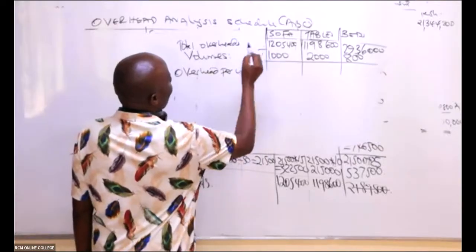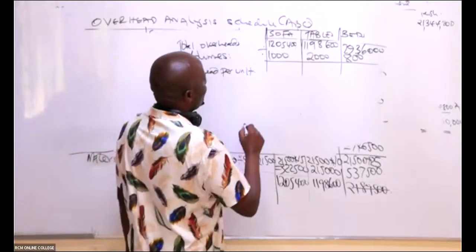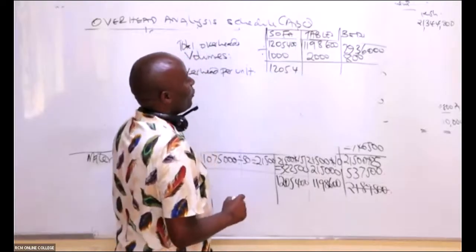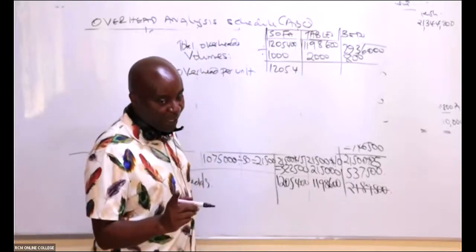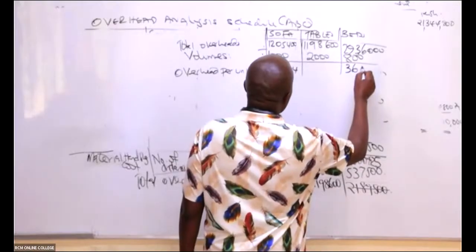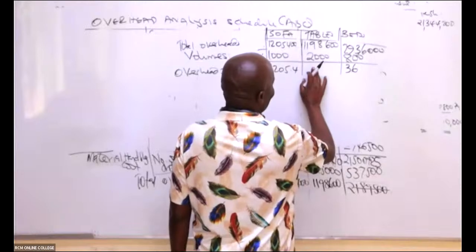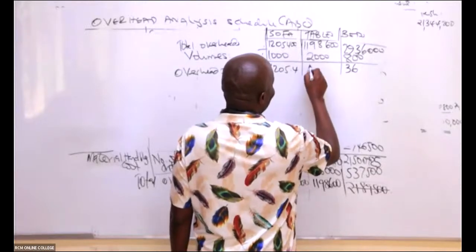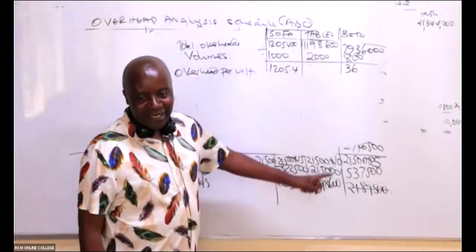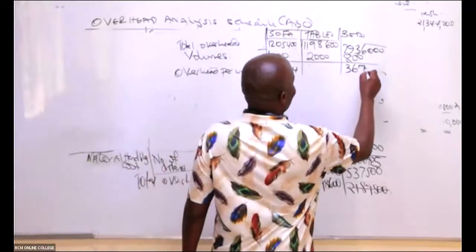So that means you divide, isn't it? Overhead per unit. So then this will be 1205.4. The second one, 36.70.